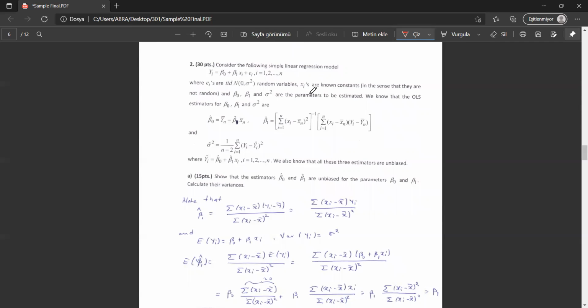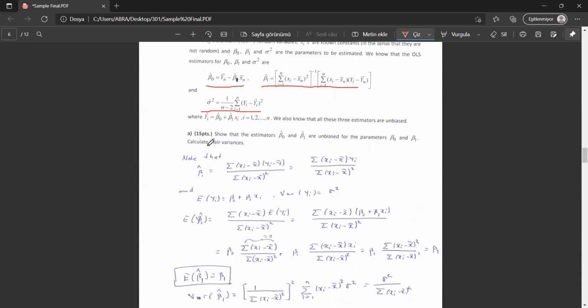Now, in the second question, we have a simple linear regression model. Now, we need to show that the estimators beta 0 hat and beta 1 hat are unbiased. First, we are writing the formula of beta 1 hat. Okay, this is summation of (xi minus x bar) times (yi minus y bar) over summation of (xi minus x bar) squared.